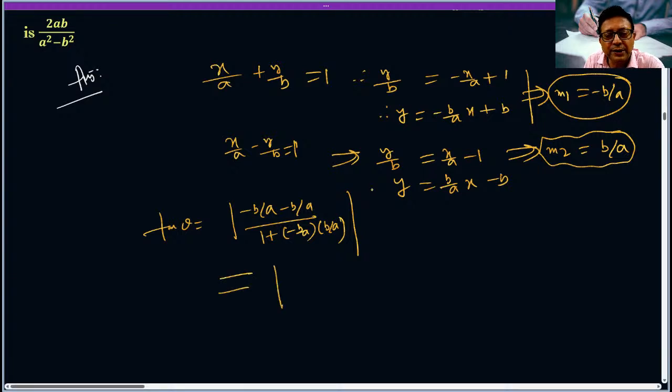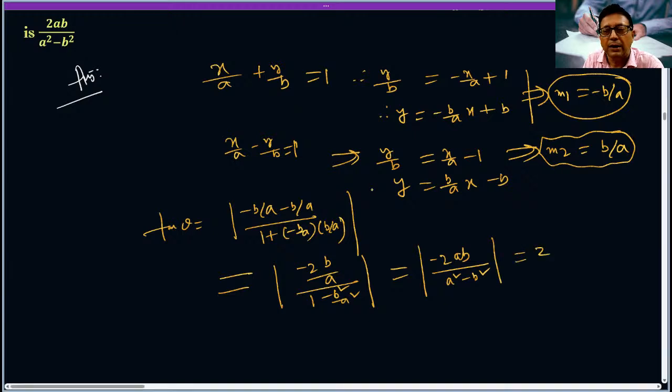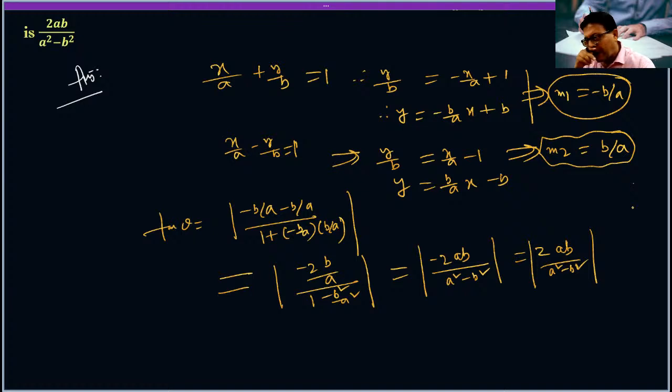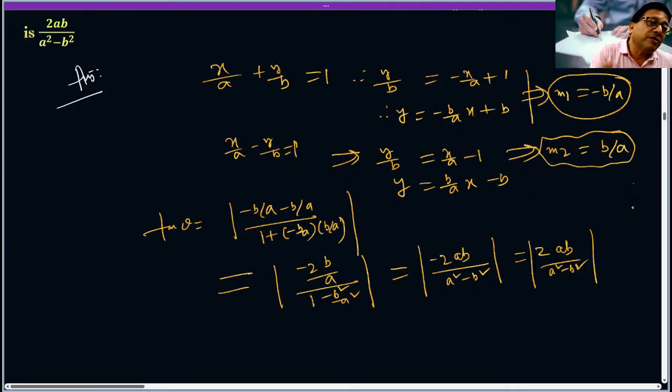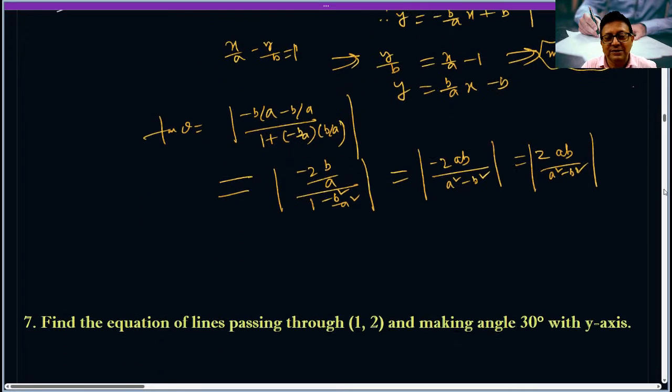So this is going to be minus 2ab by... okay. You can write b square minus a square or a square minus b square. It doesn't matter. That's why it is safe to write mod sign over there. Although they have told you to prove this, you can write plus sign over there.